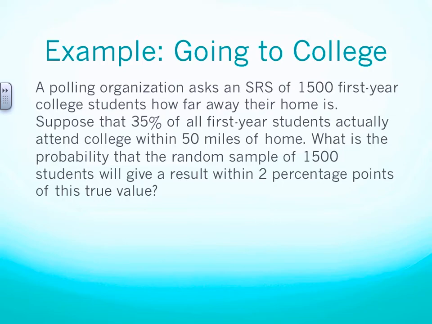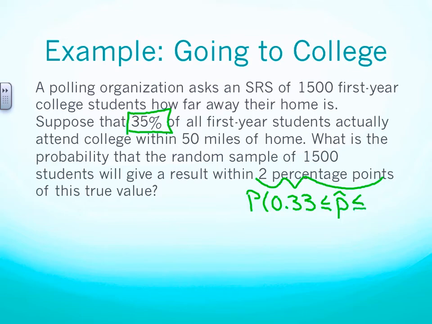It's important to realize right away what we're looking for. We're looking for the probability of being within 2 percentage points of your 35%. Okay, so that's what we're actually looking for.